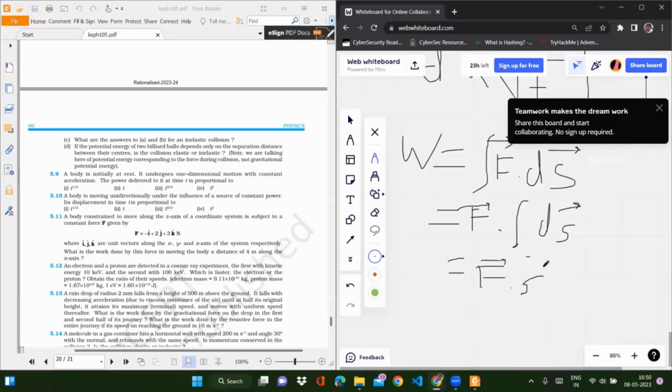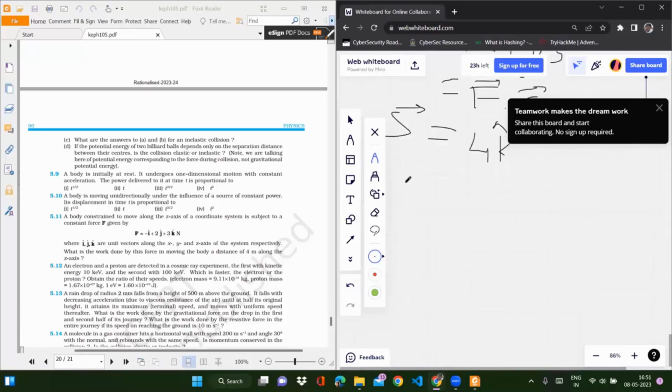Now, the work done by the force in moving the body a distance of 4 meter along the z-axis. As it is moved 4 meter along the z-axis, the displacement will be 4k cap. So work done will be F dot s, which is the dot product minus i plus 2j plus 3k dot 4k.